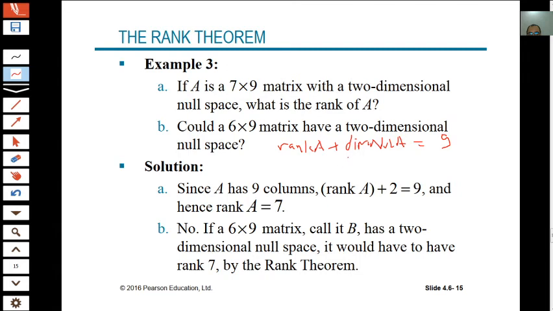And could we have a two-dimensional null space for this matrix whose size is 6 by 9? When we write 2 for the dimension of the null space, rank A becomes 7, which means that we should have 7 pivot positions.